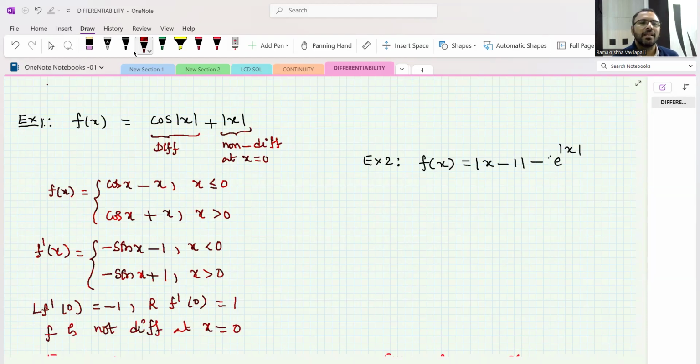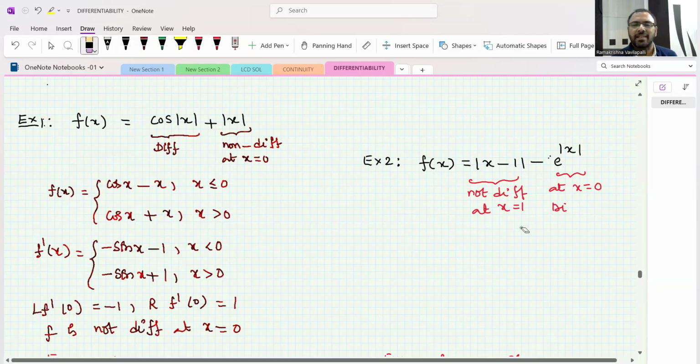You see here is another example that this is not differentiable at x equal to 1, and this is not differentiable at x equal to 0. So this function is non-differentiable.